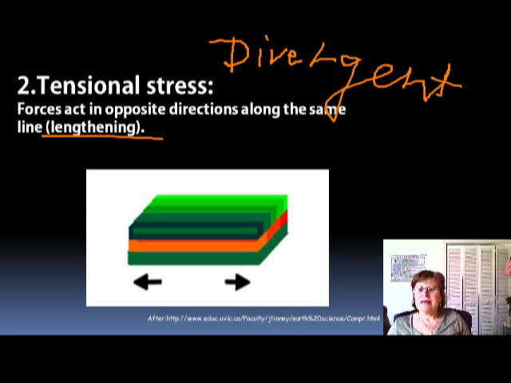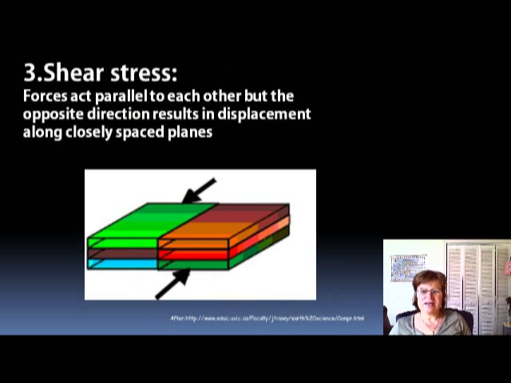Here we are. And then the third kind of stress is the so-called shear stress. When you have shear stress, the forces are acting against each other, but also next to each other, and it will result in displacement. You will not have relative shortening or lengthening. The rocks are going to displace next to each other. So that's the shear stress.